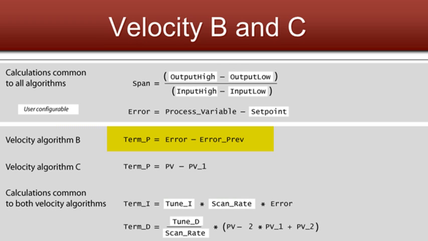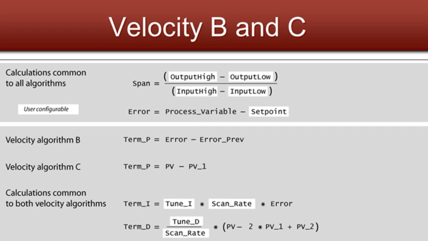So we're going to take those two and put that into what we call the term P. For the velocity, you can see that we're actually taking the previous process variable away from the current process variable, and we're putting that into our term P. We'll get back to this in a minute.